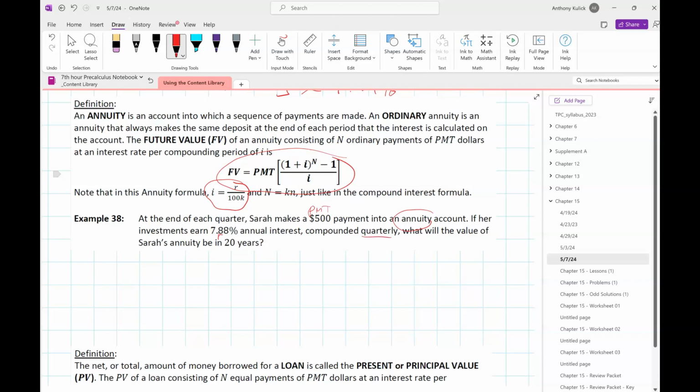Compounded quarterly tells me K is 4. What will the value be after 20 years? That's N. And the future value is what we're looking for, right? Does everybody feel okay there? So we'll start by calculating I. And capital N.